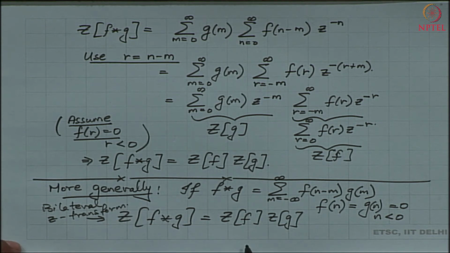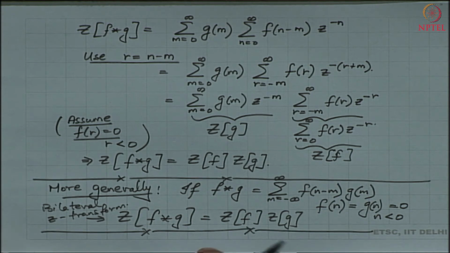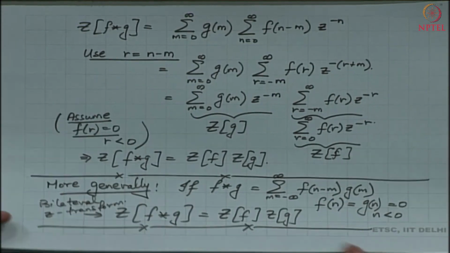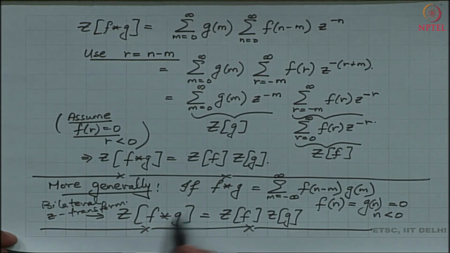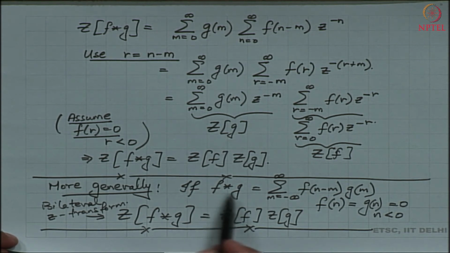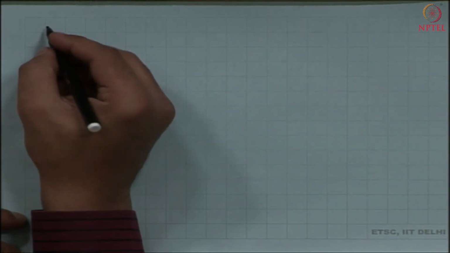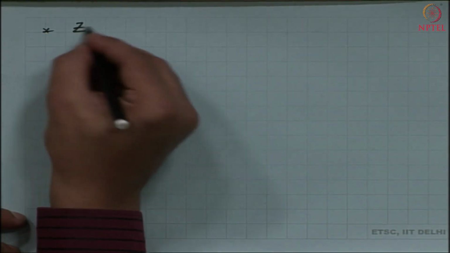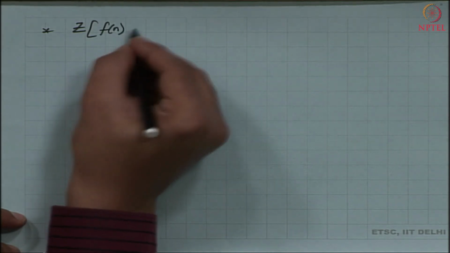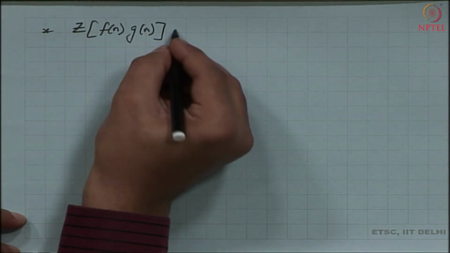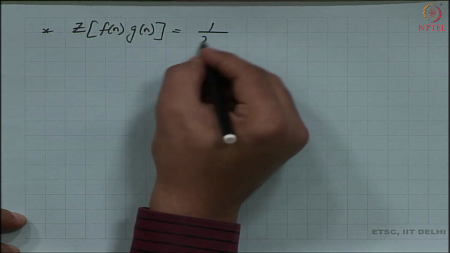Okay. So, then let me highlight one more result, namely the Z transform of the product of two functions. So far I have shown you the Z transform of the convolution. So, my next result is the Z transform of the product of two functions, and that is given by this particular expression.